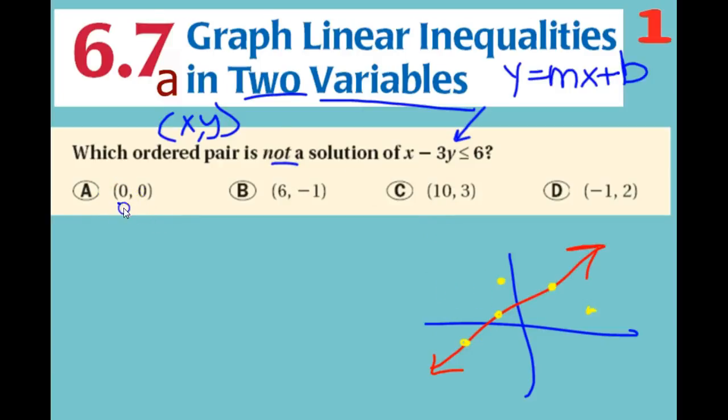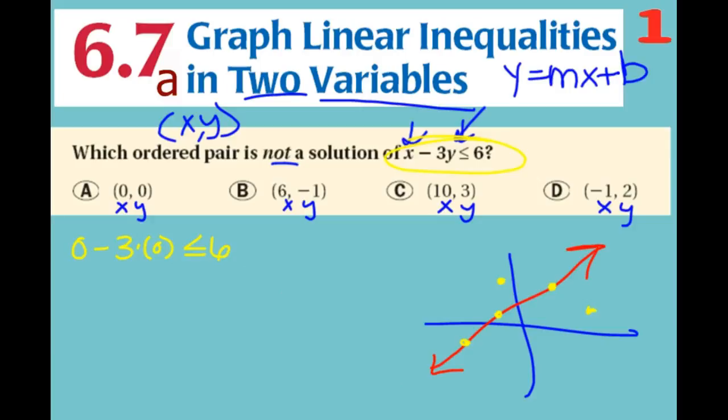So all we're going to do is take x and y for each of these points and plug them in for x and y. I'm going to start with the first one, where x is 0 and y is 0. I'm just going to rewrite the same inequality. It says x minus 3y, so 0 minus 3 times y, which is also 0, is less than or equal to 6.